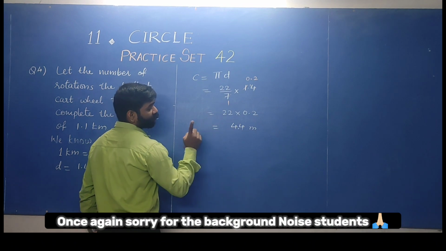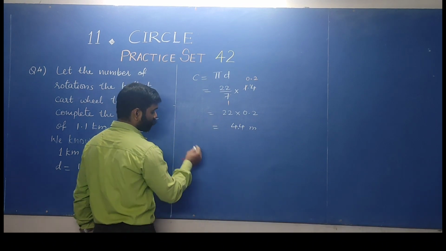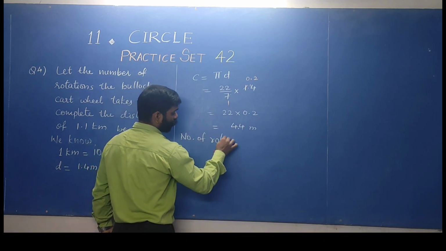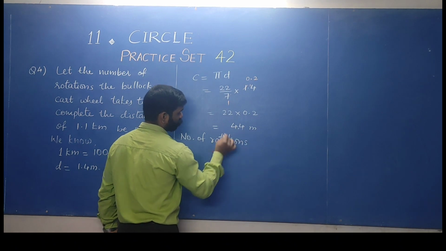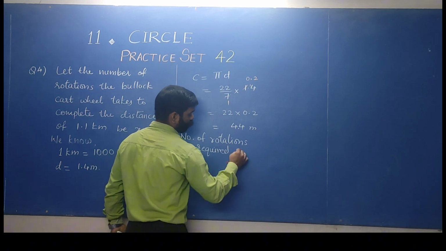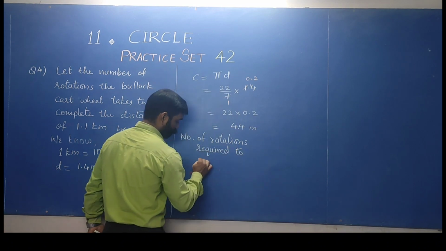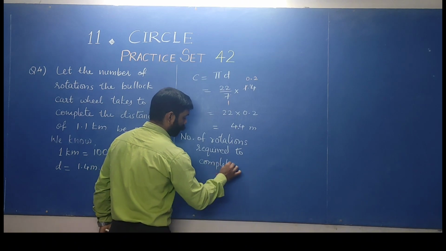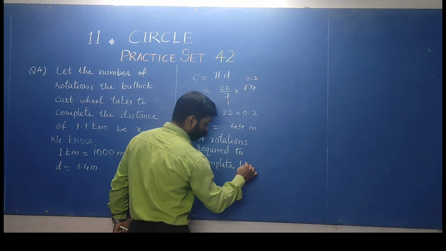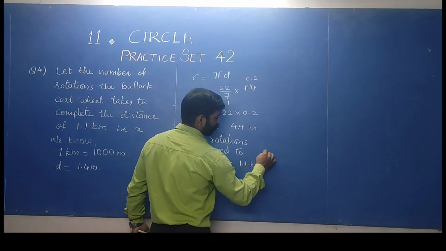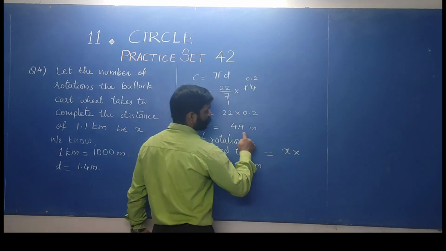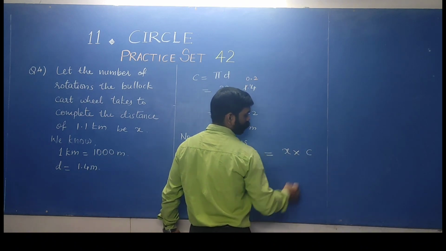Okay. Now we need to find the number of rotations, students. So the number of rotations required to complete 1.1 kilometer is equal to the number of rotations, that is x, multiplied by circumference. Correct, students?